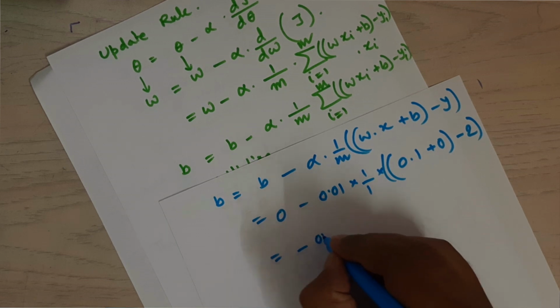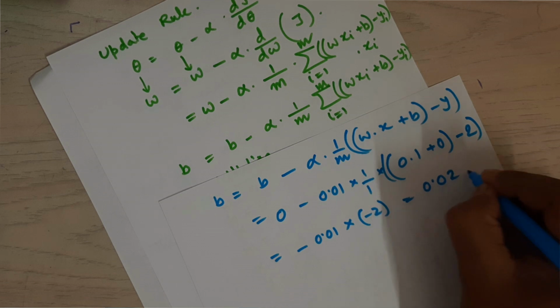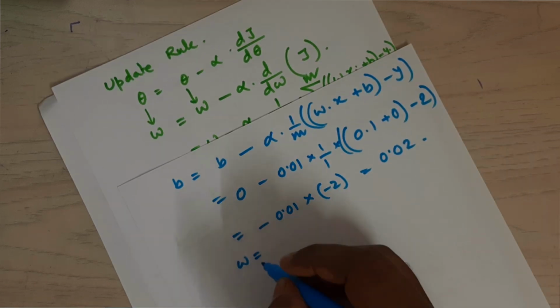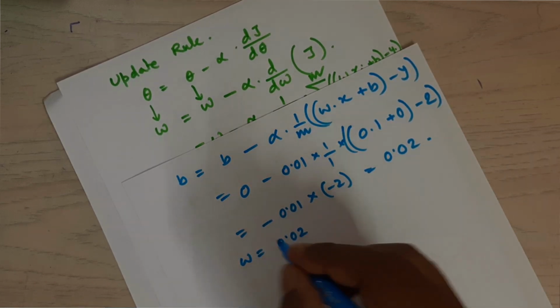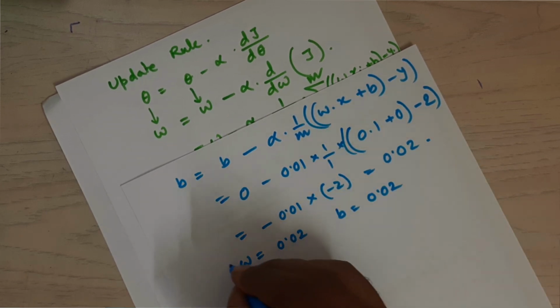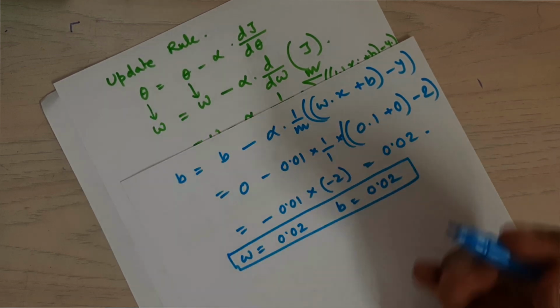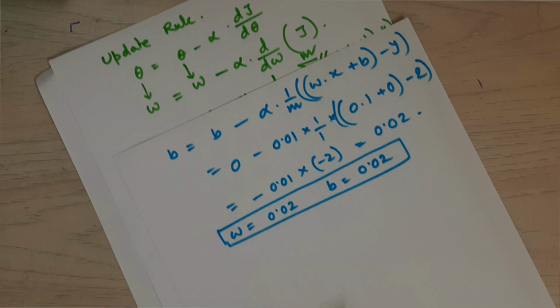So again it will be 0.01 into minus 2. So that will be 0.02. So w is equal to 0.02 after the first iteration and b is equal to 0.02 after the first iteration. We will take these values and go to the next iteration.